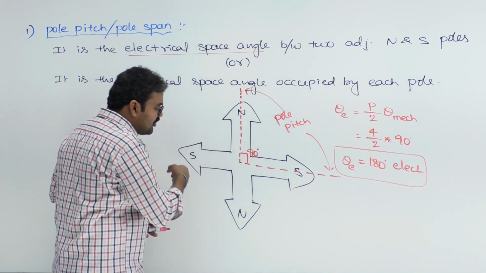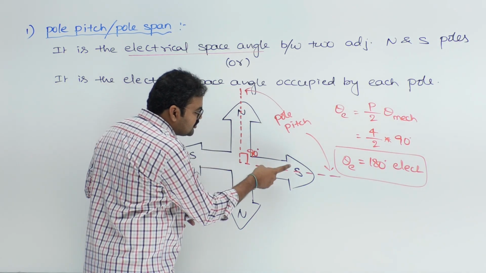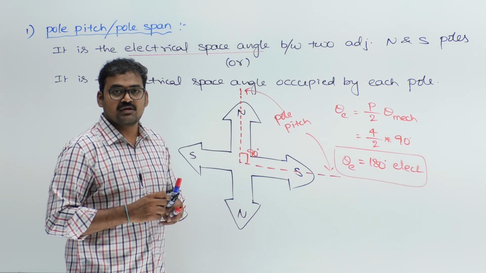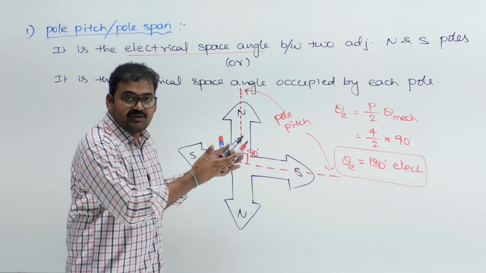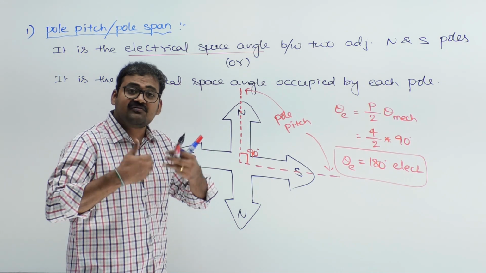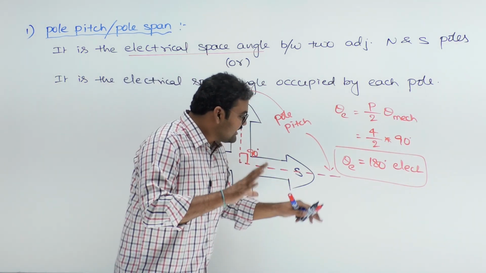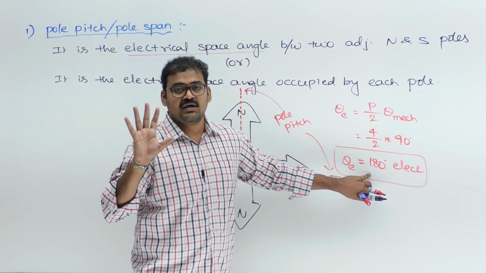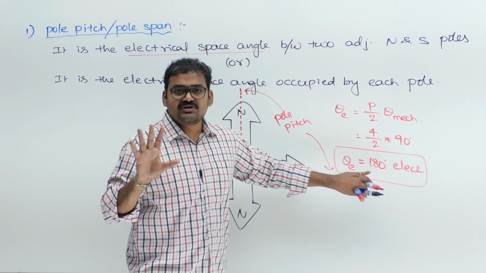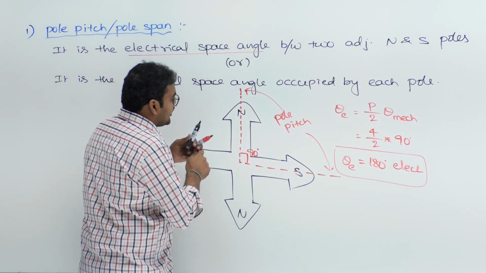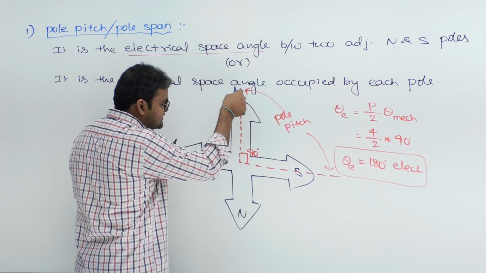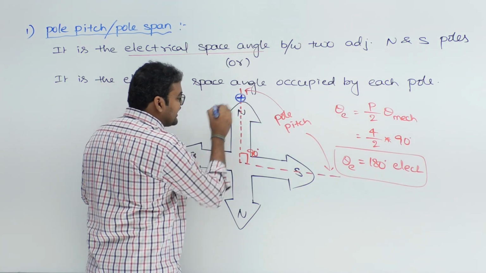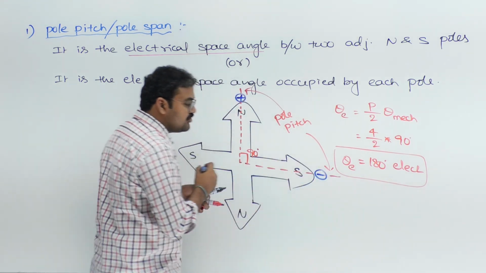Suppose I take a 6-pole machine, then the angle between a north pole and a south pole will not be 90; you will observe only 60 degrees. If I take a 12-pole machine, it becomes only 30 degrees. But when you convert to electrical degrees, every time the pole pitch is electrically 180 degrees only. The reason is very simple. This is a polar axis, the axis passing through the pole. North pole means positive maximum, south pole means negative maximum.